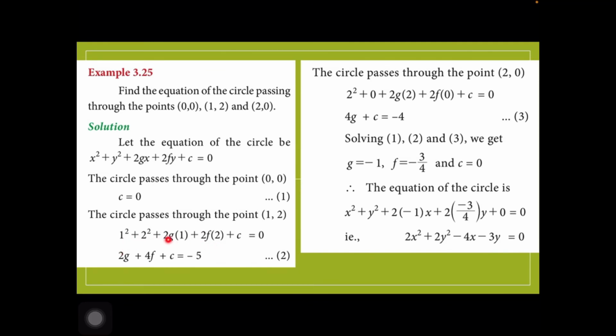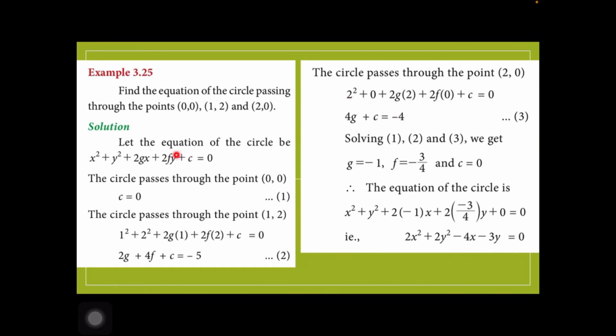So, 2g plus 4f plus c, here 1 plus 4 it is 5, while going to the opposite side it is minus 5. So, now the third point it is (2, 0). Similarly, we are going to substitute 2 and 0 in the given general form of the equation, and here we get the equation 3 as 4g plus c is equal to minus 4.